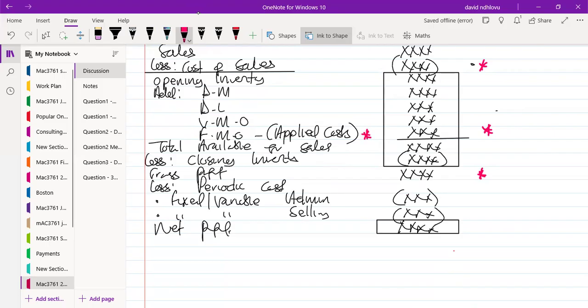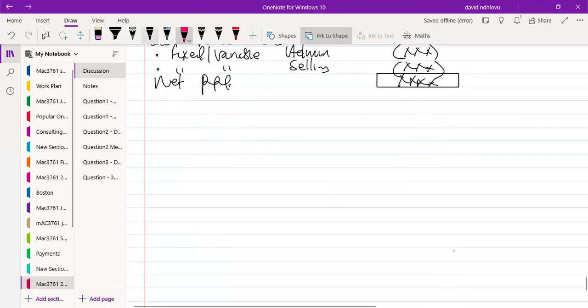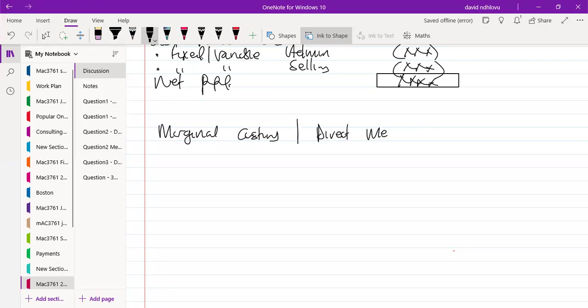Now let's look at the alternative, right, which is the marginal costing, right, or the direct method, also known as variable costing. Now, the difference, remember, is the fixed manufacturing overhead cost.